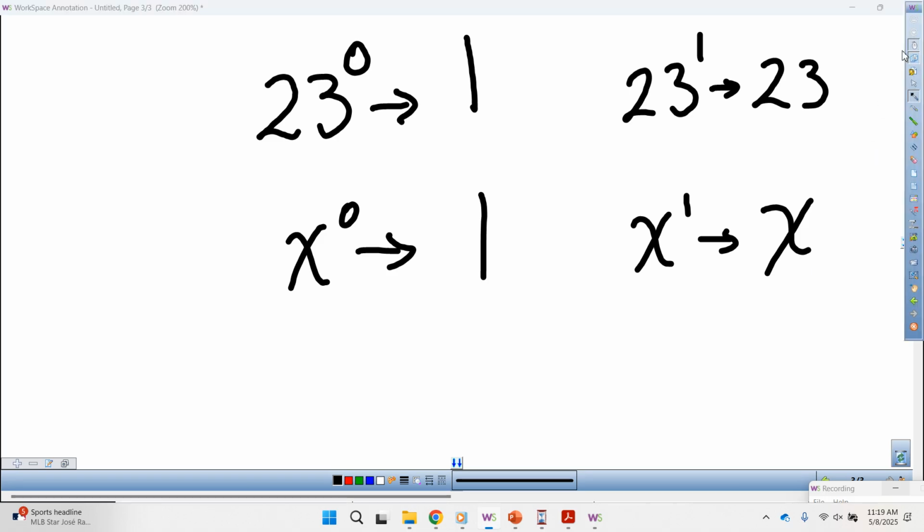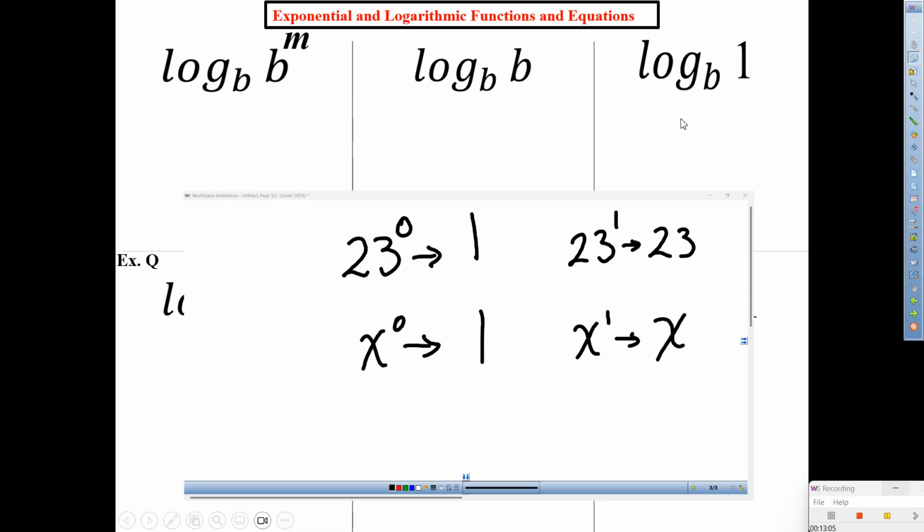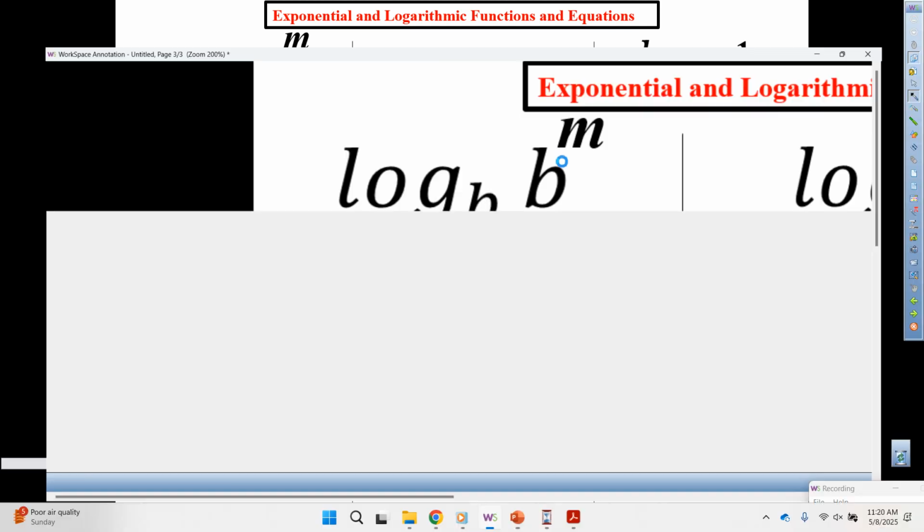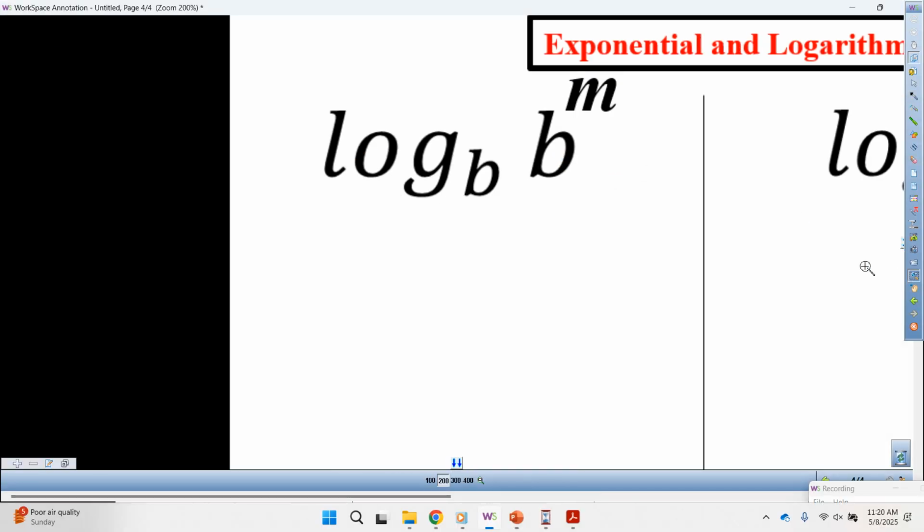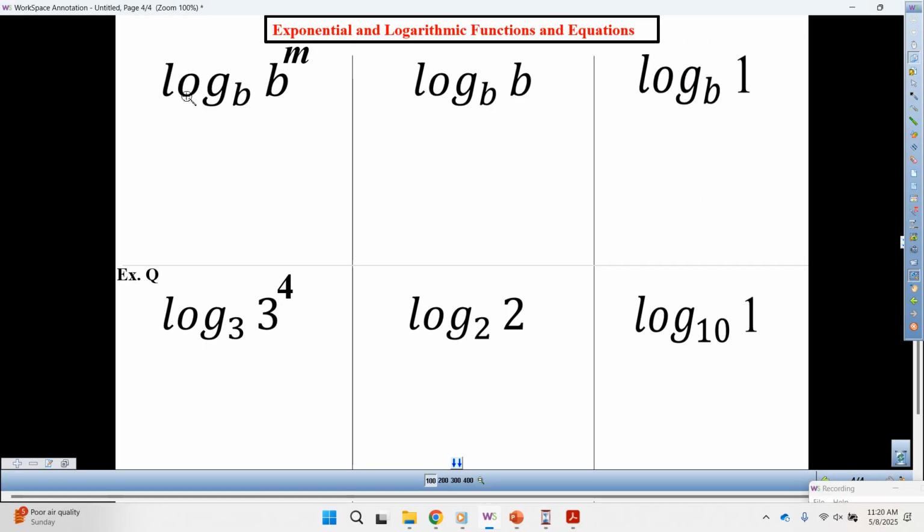So in logs, there's 3 rules that you should know. The first one is that, here it goes, if you have a log to a certain base and the number given has the same base and an exponent, the answer to this is y equals m. Don't write that down yet. I'm just showing you that that's a given to know. Now, how do we conclude that, Mr. Q?